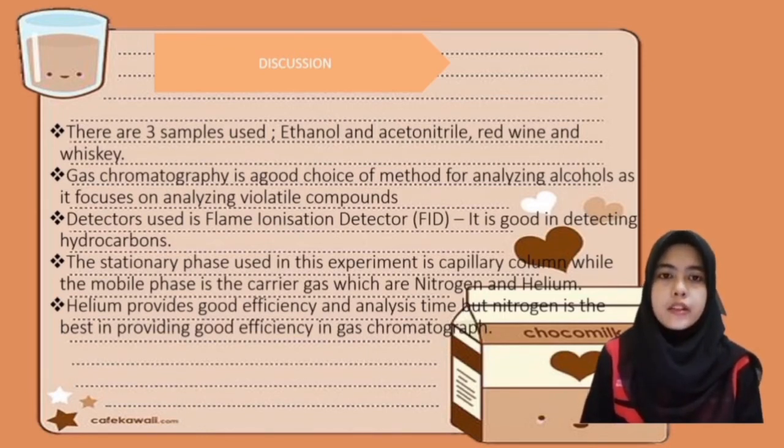Next, the stationary phase used in this experiment is a capillary column, while the mobile phase is a carrier gas such as helium and nitrogen. Helium provides good efficiency and analyzing time, but nitrogen is the best in providing good efficiency in gas chromatography.